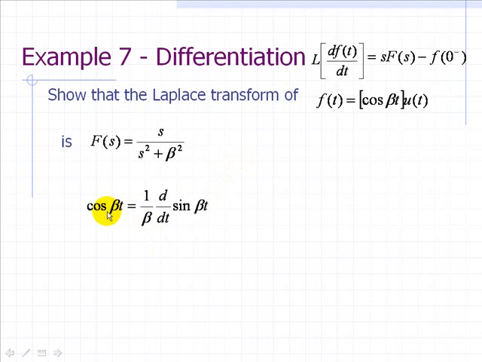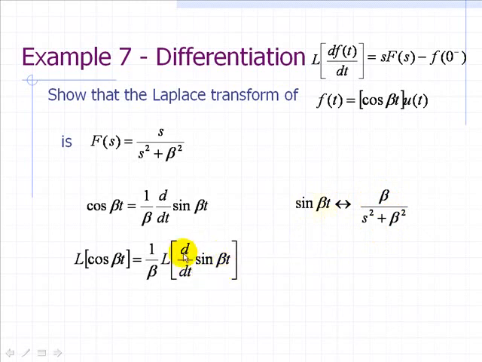So we note that we can take the cosine of beta t, since we already know this, as the derivative of sine beta t with respect to t. We note that sine of beta t has a Laplace transform of beta over s squared plus beta squared.